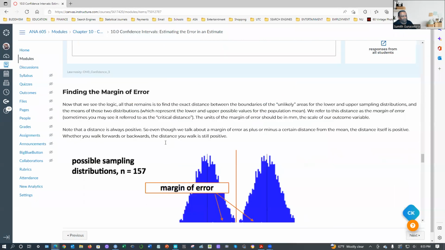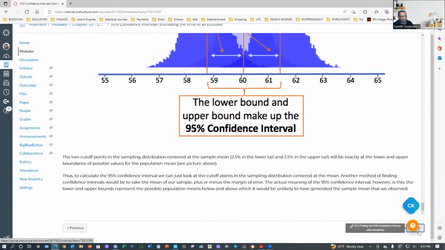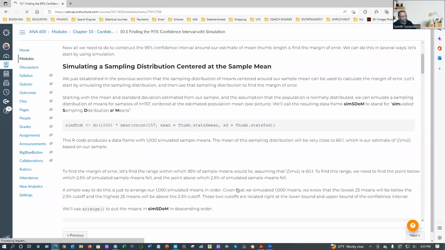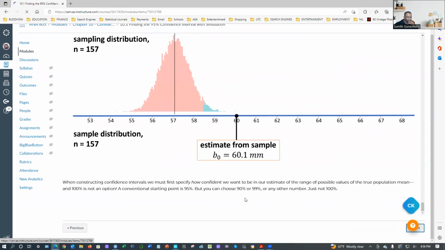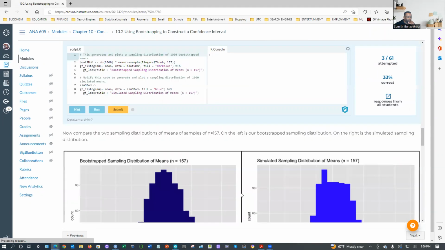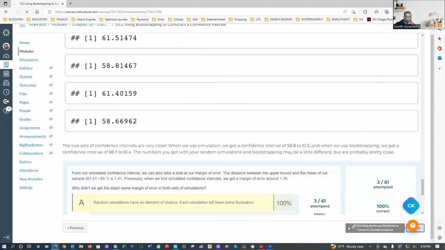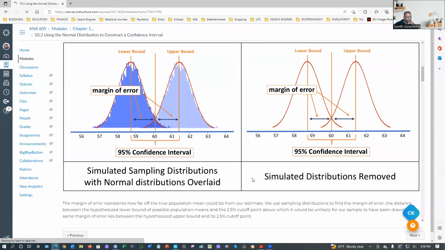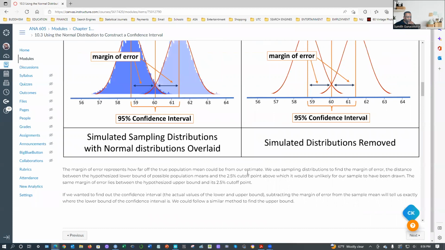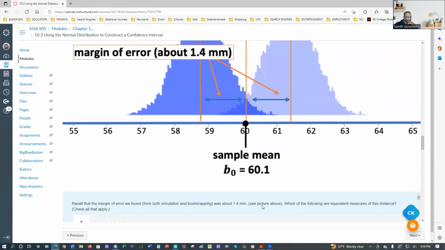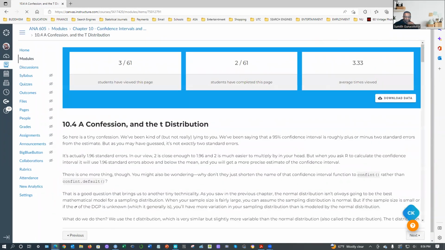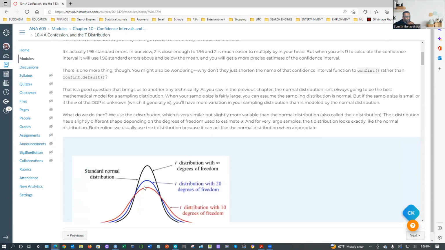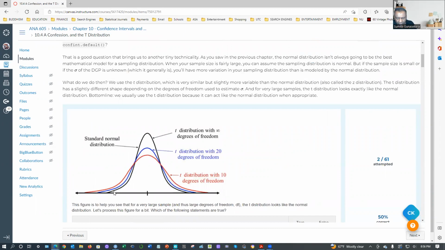So let's keep going. I'm going to draw this now, how the T distribution and the Z distribution look.